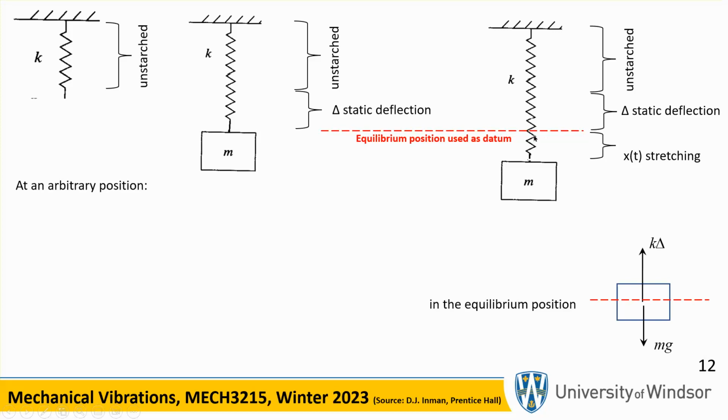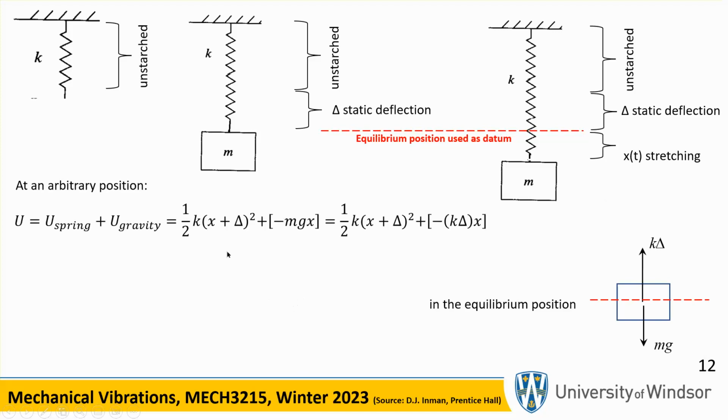But on top of that, there is a stretching of the amount x. So now the amount of stretching is delta plus x. So the energy stored in the spring in this displaced configuration is going to be 1/2 of k times delta plus x squared. Okay, so let's go ahead and write it. So the spring is going to be 1/2 of k, x plus delta, squared.